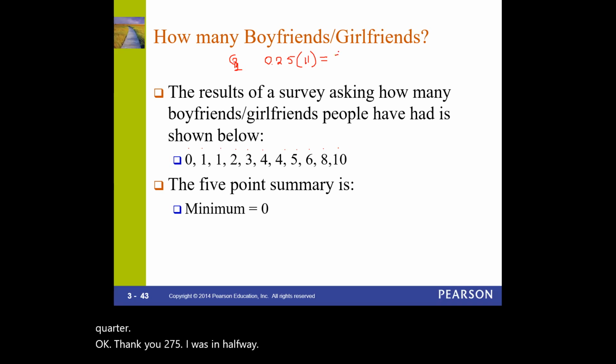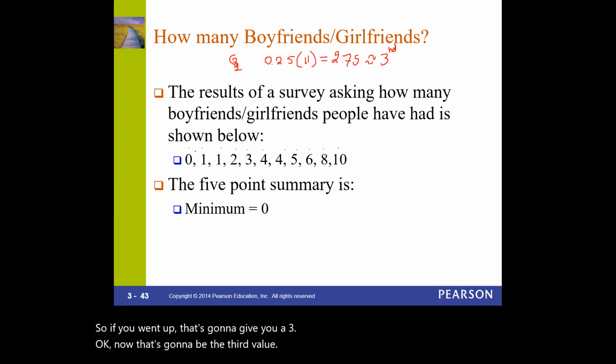That'll be 2.75. Then you round up, so usually you round it up. If you round up, that's going to give you 3. Now that's going to be the third value.